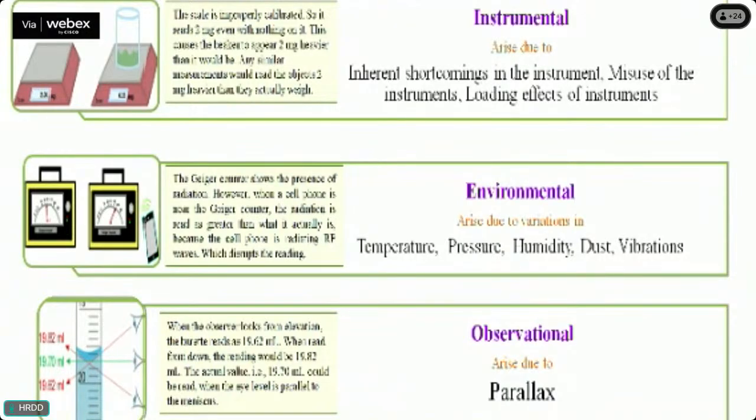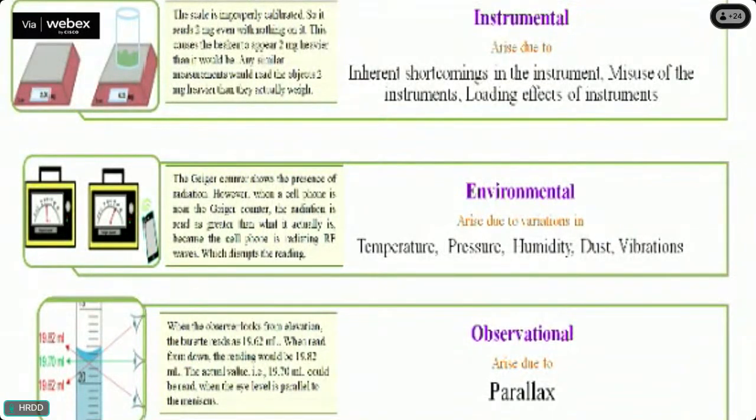While observing the data, for example, if I am reading the meniscus of a liquid in a container, if I look from upside, I always see a larger value. If I look from the side, at the same level as the meniscus, then I will read properly. If I look from down, I will always see a lower value.